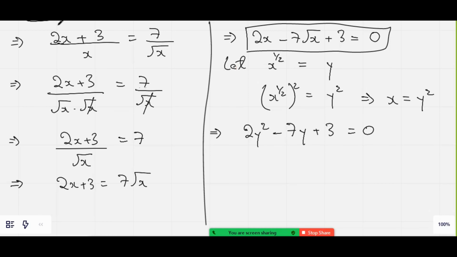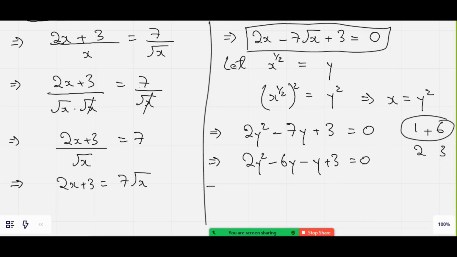3 into 2 gives me 6. What are the factors of 6? 1 and 6, 2 and 3, and the first pair on addition gives you 7. So 2y square minus 6y minus y plus 3 equals to 0. 2y is common, y minus 3 is left, and over here minus 1 is taken out common, y minus 3 is left again.